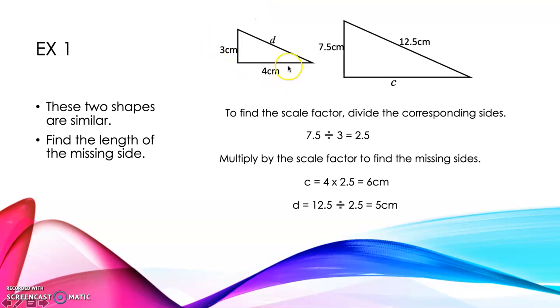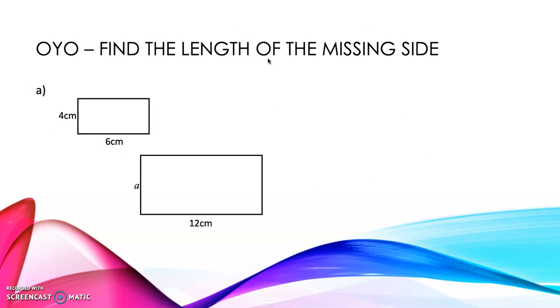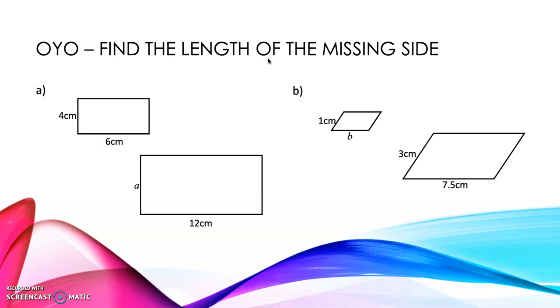When you're going from small to big, you multiply. When going from large to small, you divide. So 12.5 divided by 2.5 is 5 centimeters. And we knew that D had to be 5 centimeters because we know that is a 3, 4, 5 triangle. On your own, find the lengths of the missing sides.